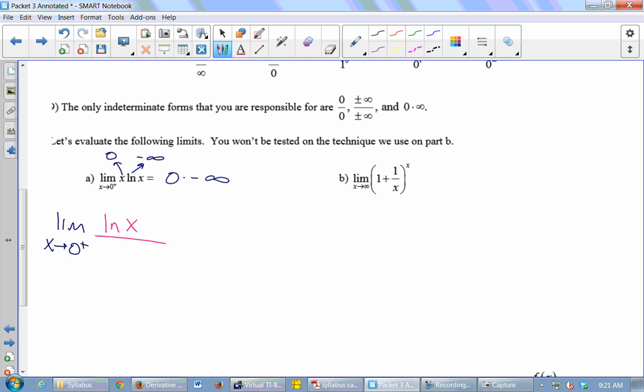But multiplying by x would be the same as dividing by what? 1 over x, yeah. So just a little algebraic manipulation, right?